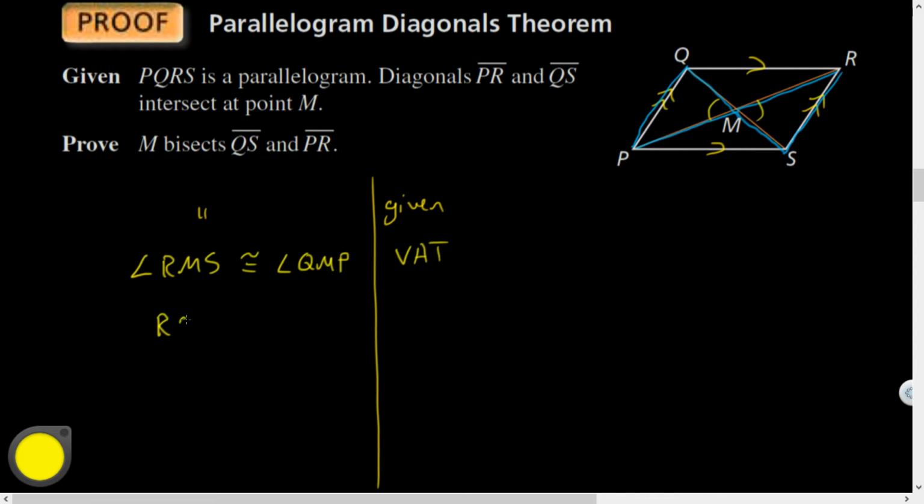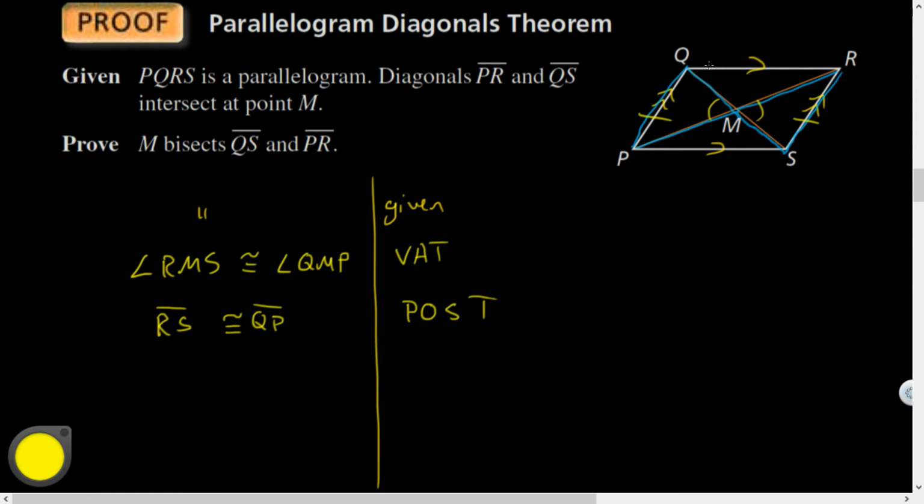RS. Okay, I'm glad you said that one. These opposite sides of the parallelogram are congruent because of the parallelogram opposite sides theorem. We're going to accept that as true because it's one of the other theorems that we already proved, even though it was just moments ago.